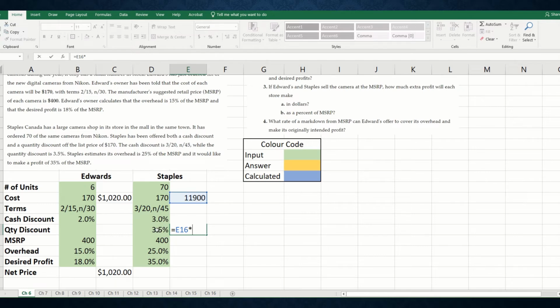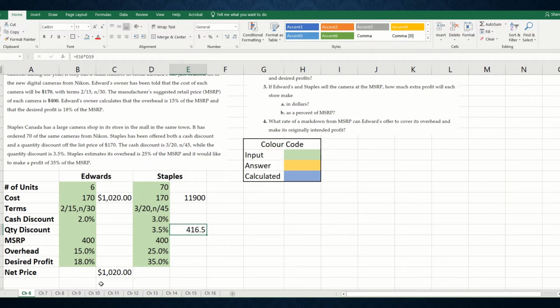Okay, it's a percent, 3.5%. Okay, so he's got a quantity discount of $416.50. So that means that he gets $416.50 off his order because he bought more than a specific amount. So we're not sure. It doesn't say what amount was the cutoff for Staples to get their quantity discount, but they bought enough that they got a discount.